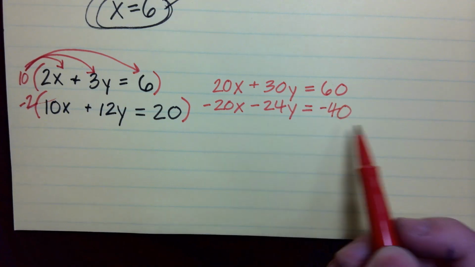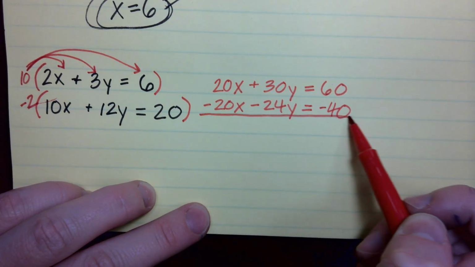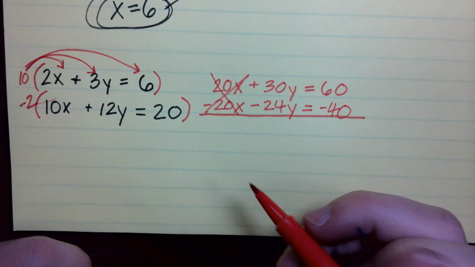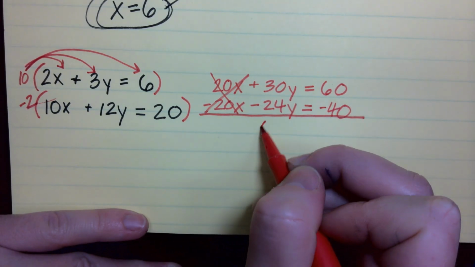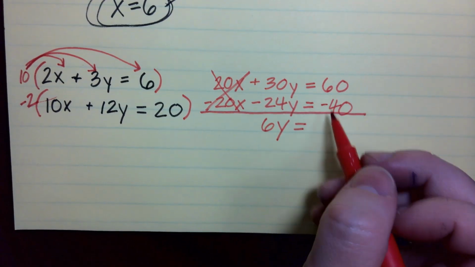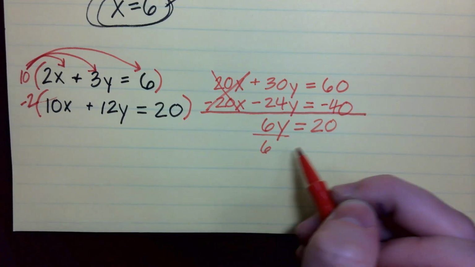Okay, did everybody get up to about this point? Awesome. Our x's are gone. 30 minus 24, what is that? I think it's 6y. And then 60 minus 40, that should be 20. Let's divide by 6.